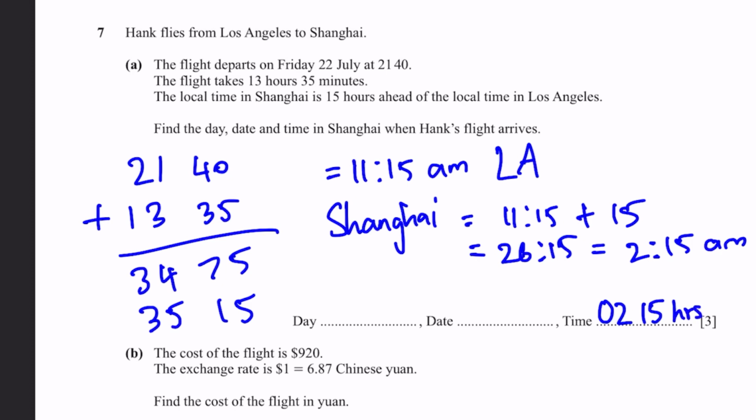Now we need to find the day and the date. So the flight departs on Friday, 22nd July at 21:40. And now we see the time here, 11:15 a.m. on the next day, Saturday.